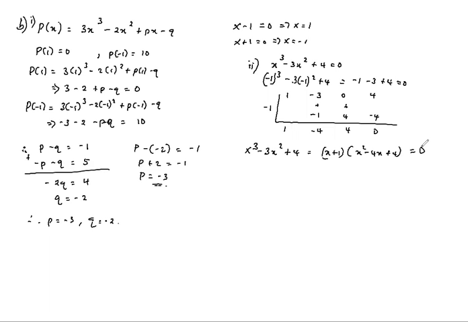Sir, I'm confused about the same question that the person was asking. Since we have -3 and -2 here, this will give us -5. And then when we take it to the other side, it's going to add with the 10, making it 15. The previous question here, when we have p of -1 here. What is p?